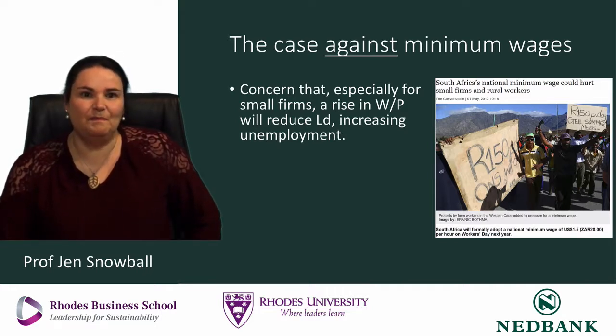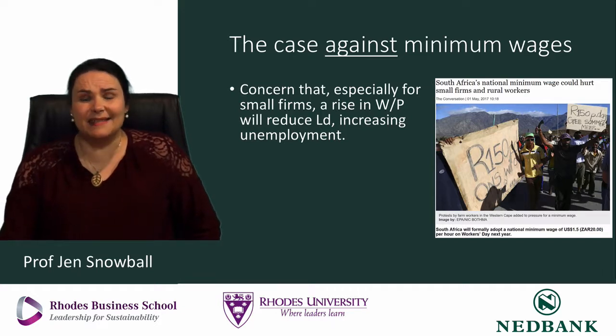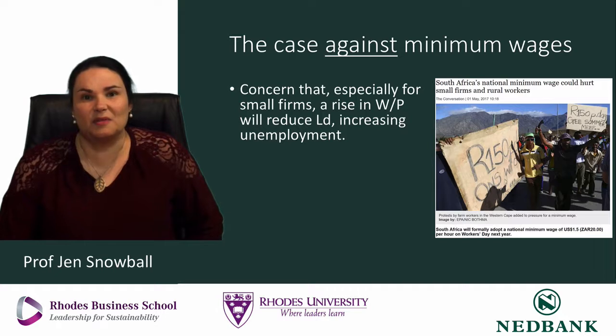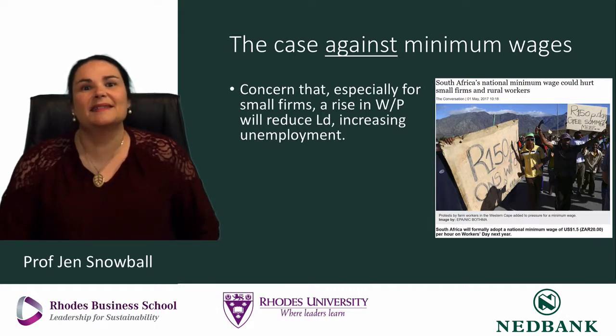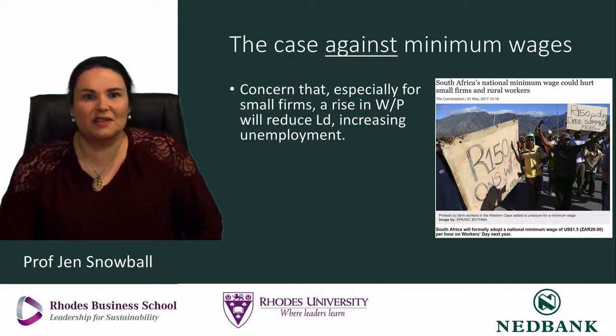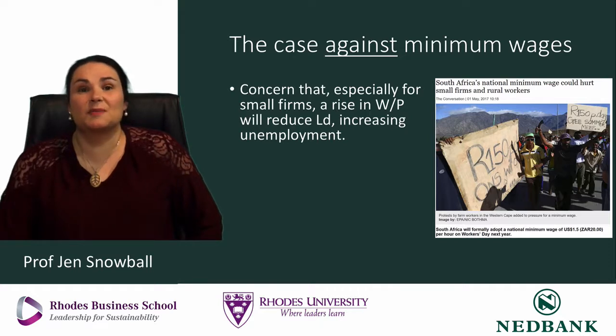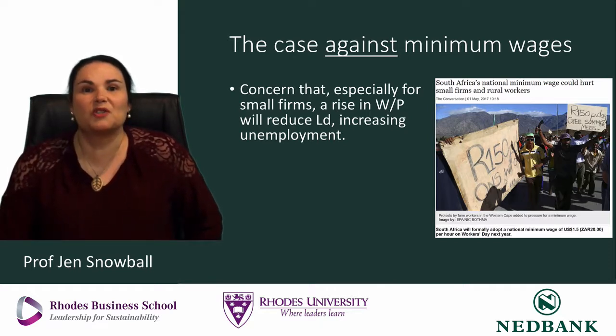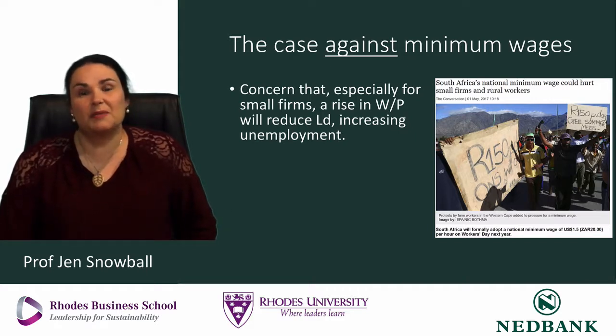What about the case against minimum wages? Well, we've had a look at the diagram to show you what the classical model says, and basically the case against very much rests on that. There's a concern that especially for small firms who are working really at the point where marginal product of labour is equal to the real wage rate, they will reduce labour demand, right?